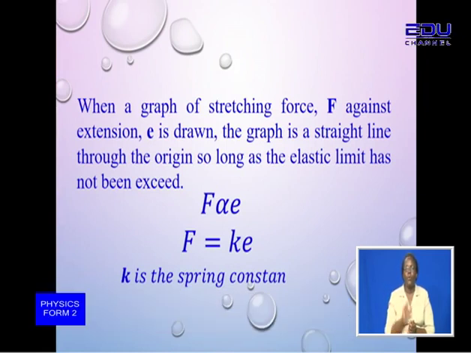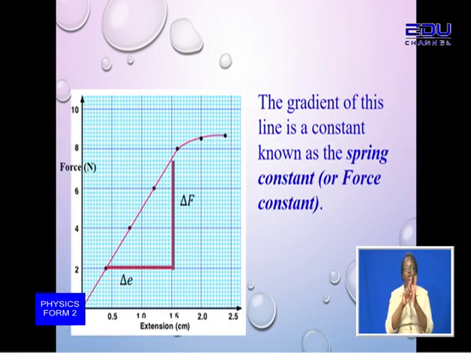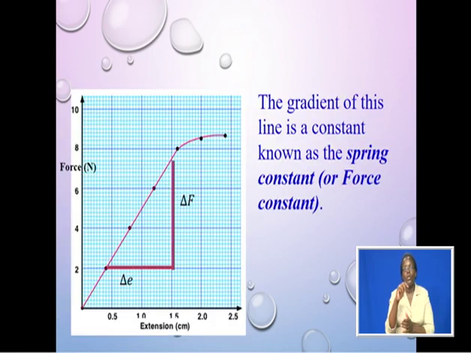k is the spring constant, and it is got by getting the gradient of the graph of F against e when the spring is still obeying Hooke's law. So the gradient of the line is a constant, and that constant is known as the spring constant, or at times it is referred to as the force constant.